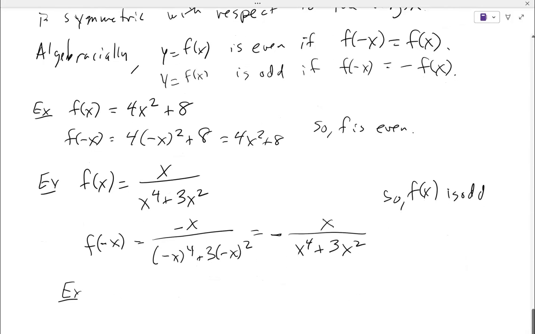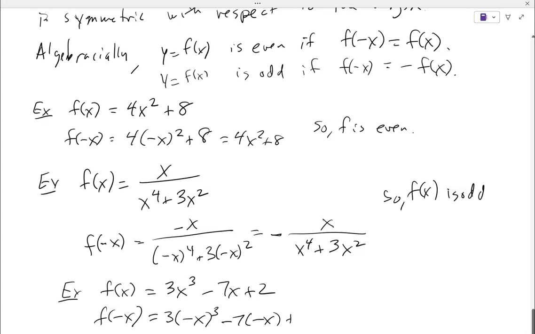Let's do one more. Let's say we have the function f of x equals 3x cubed minus 7x plus 2. Again, first step is to replace the x's with negative x.